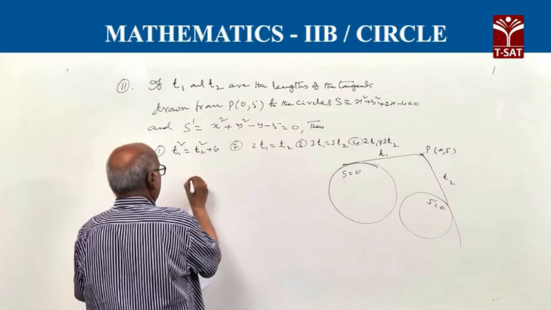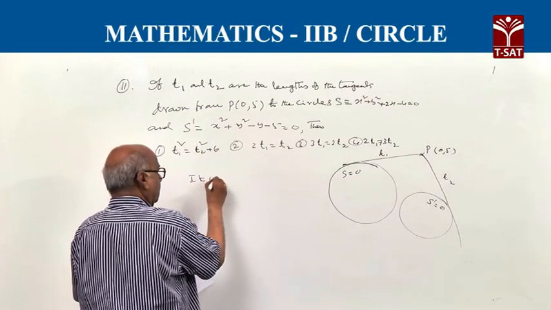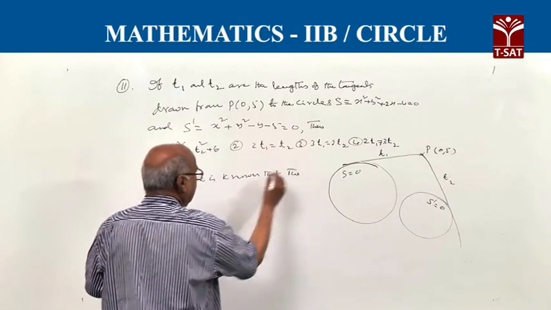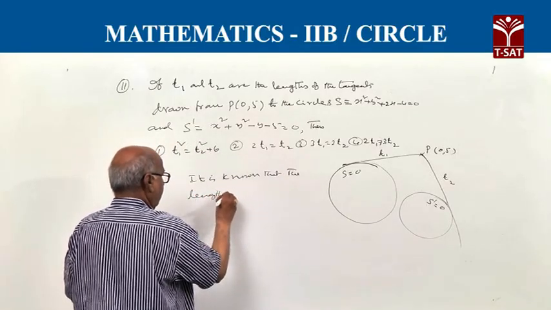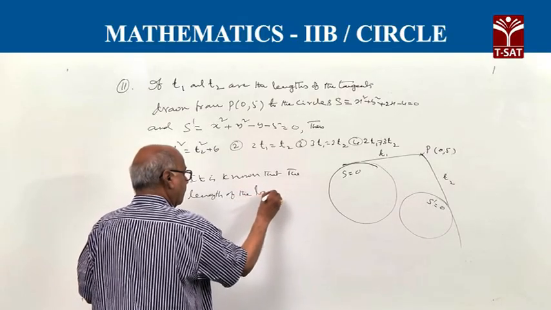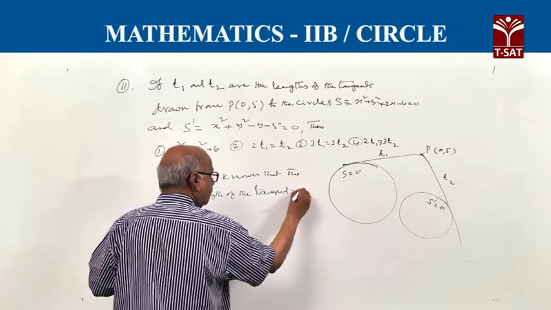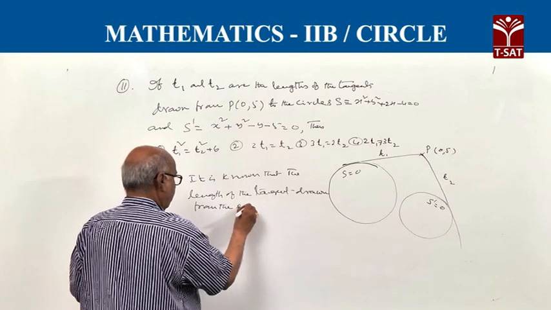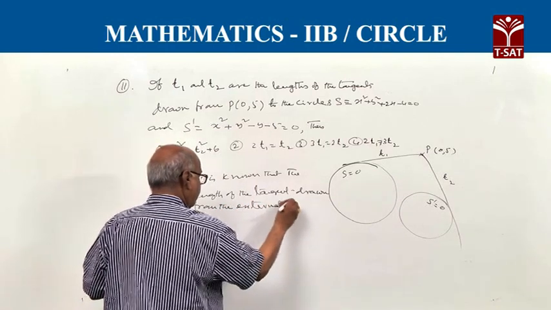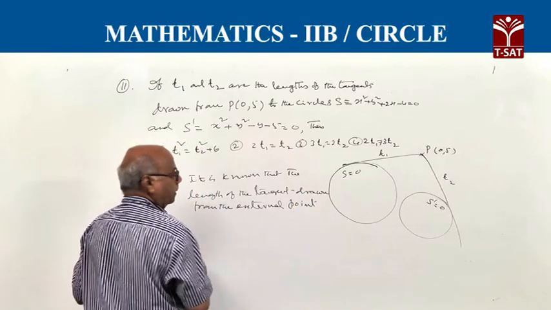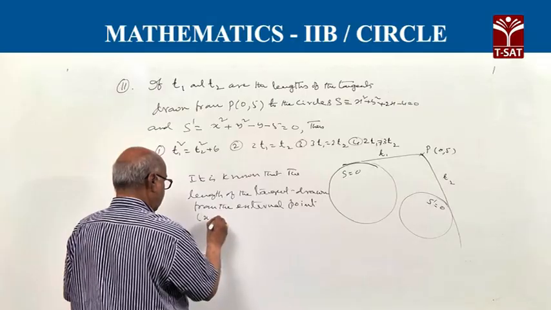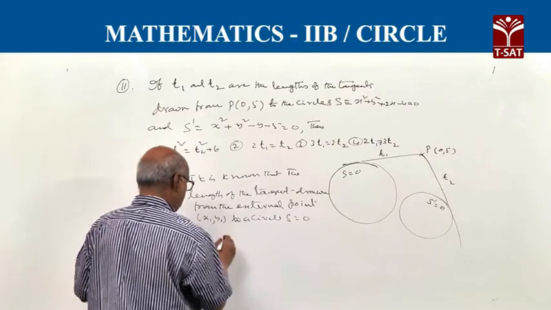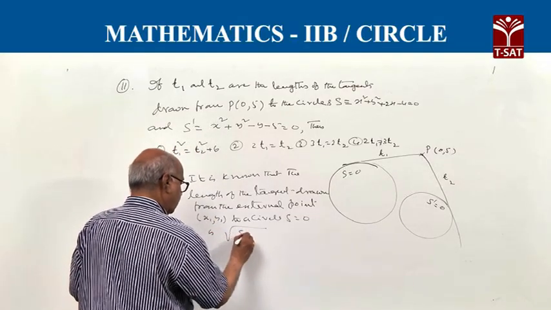So now solution is, it is known that the length of the tangent drawn from an external point (x1, y1) to a circle S is equal to 0 is square root of S11.